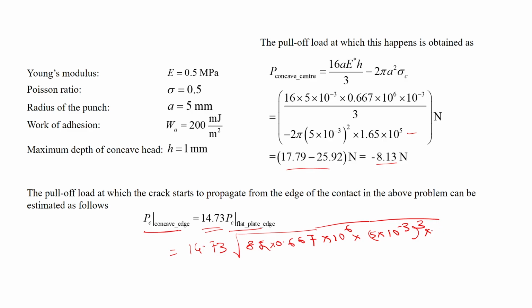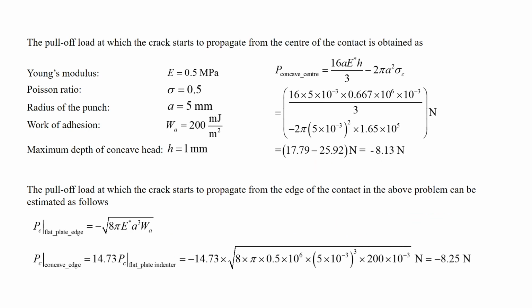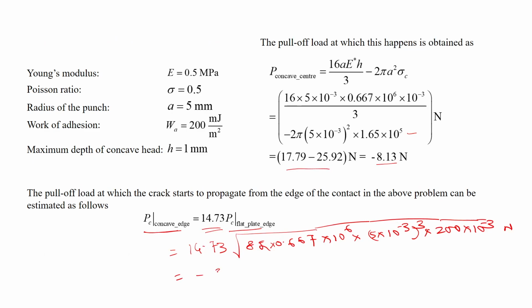So, this is 200 into 10 to the power minus 3, that many Newton. So, do the calculation. Like that, we can now find that this value comes out to be 8.25 Newton. Remember, there is a negative sign here.